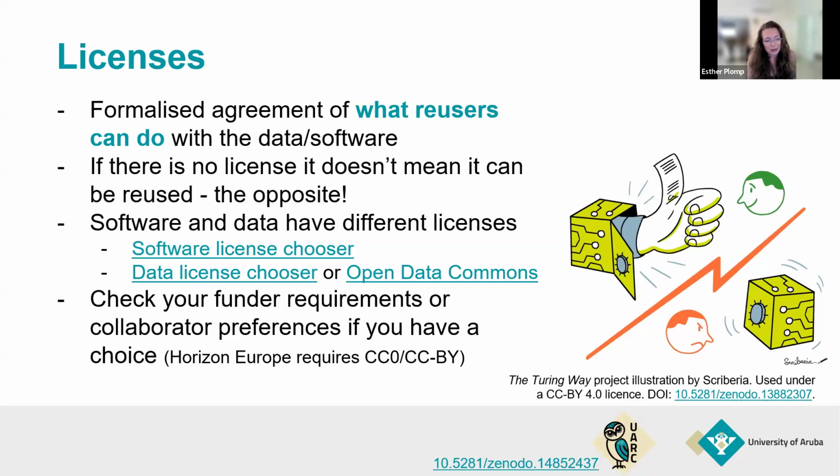So Zenodo lets you choose any of the pre-existing licenses, but perhaps you have a funder that wants you to choose a specific license, or a collaborator with a very strong preference for a particular license. And in that case, you should probably listen to that as well, instead of just making your own choice.